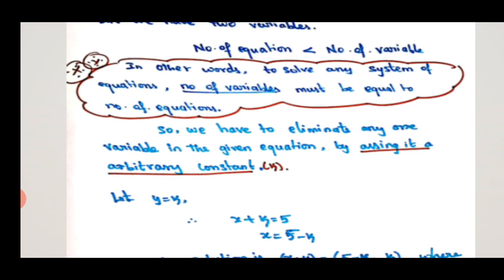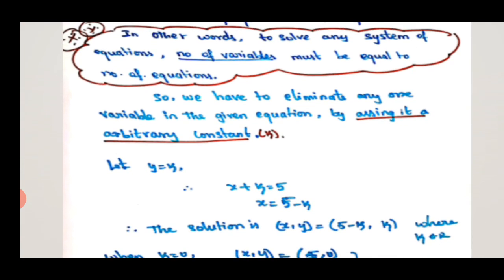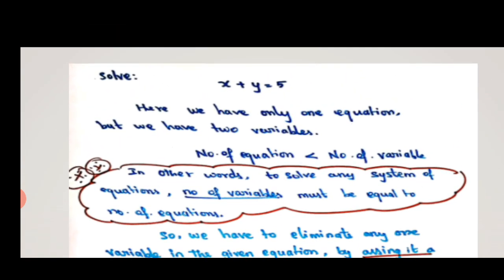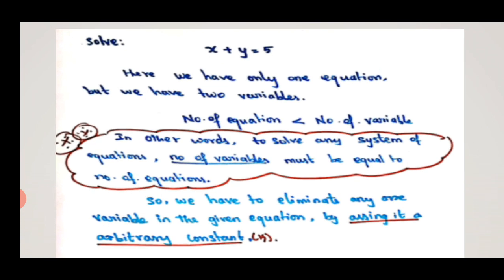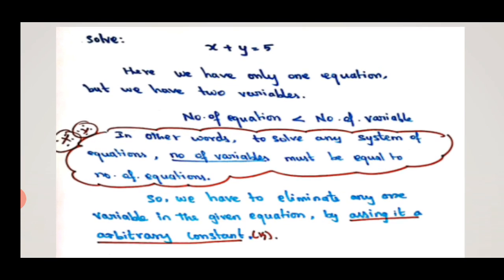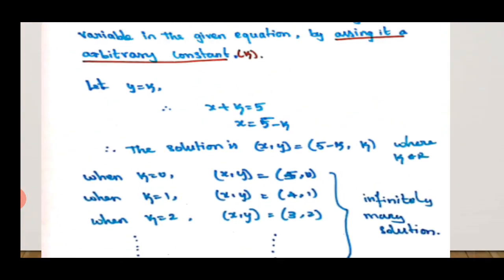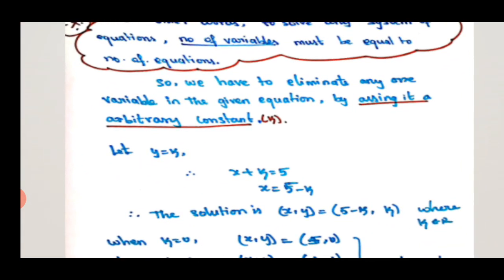To solve any system of equations, the number of variables must be equal to the number of equations, right? Then how to solve this type, x plus y equal to 5? That's a simple process. Here we equalize the number of variables with the number of equations, so I'm going to reduce one variable. We eliminate any one variable in the given equation by assigning an arbitrary constant.